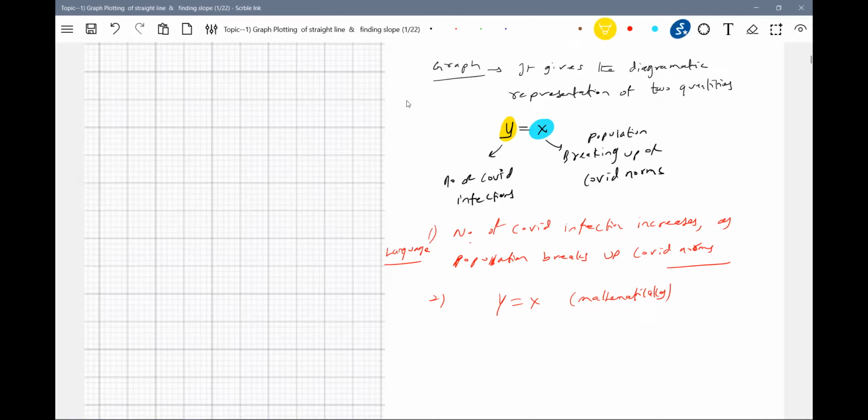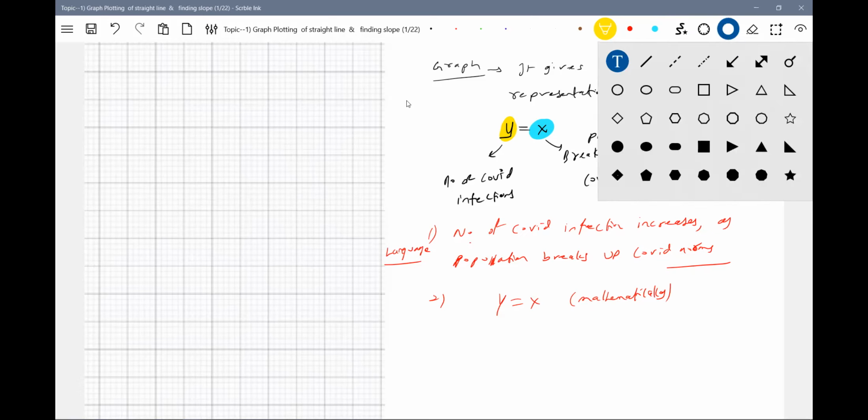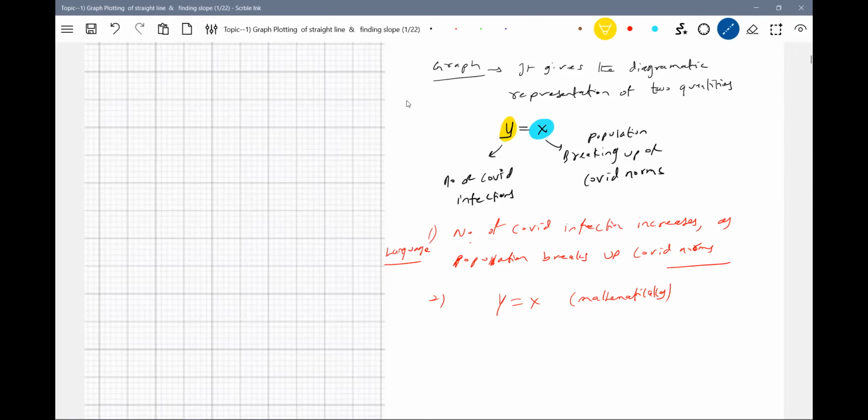So here we bring the help of a graph. In the graph, it will be very easy to express these things. Not visible, let me choose a thick line.